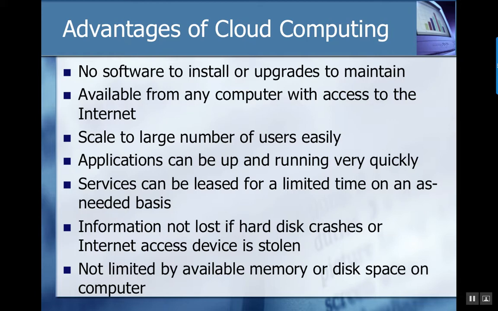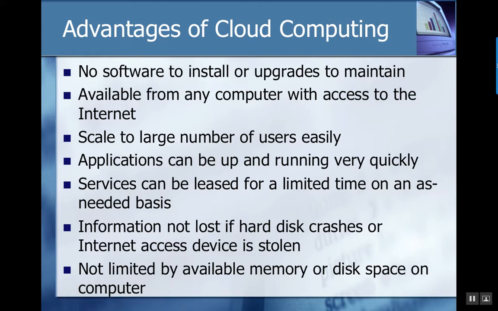Applications can be up and running very quickly. That's the dynamic nature of the cloud. Services can be leased for a limited time or on an as-needed basis, or it can also be long-term. A lot of times, for example, what Netflix does is they adjust the number of servers they have set up for the time.